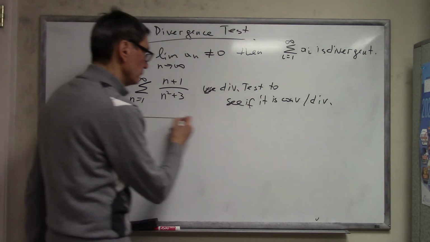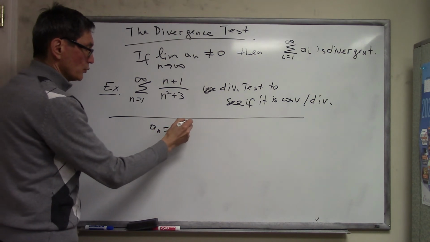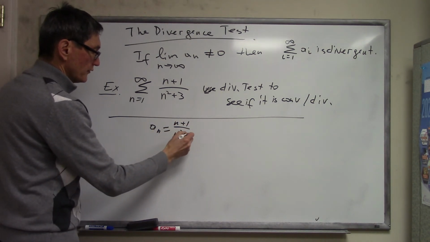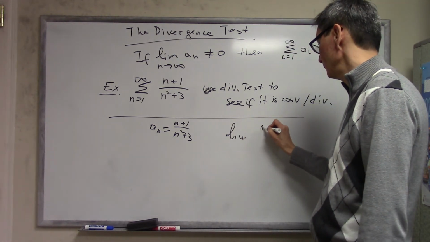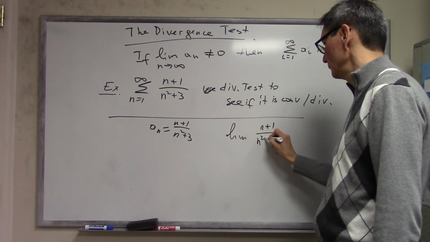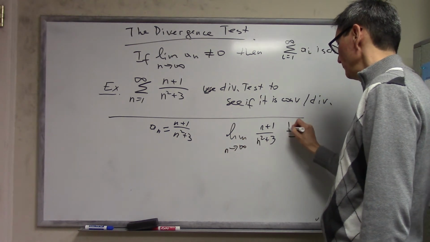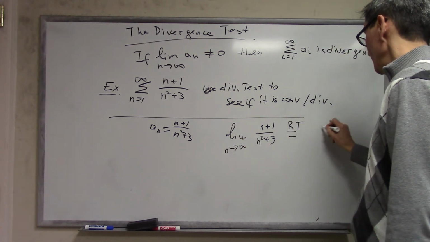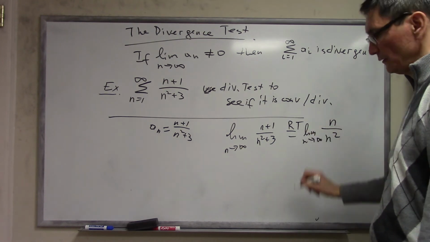Let's try. So in this case, an equals n plus 1 over n squared plus 3. We take limit of an. I'll do rule of thumb. Then I have n over n squared, limit as n approaching infinity.